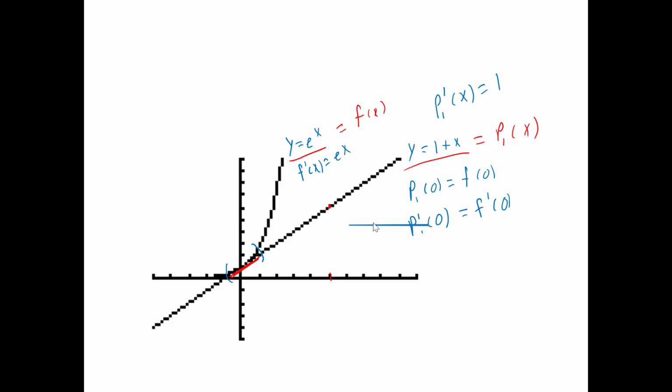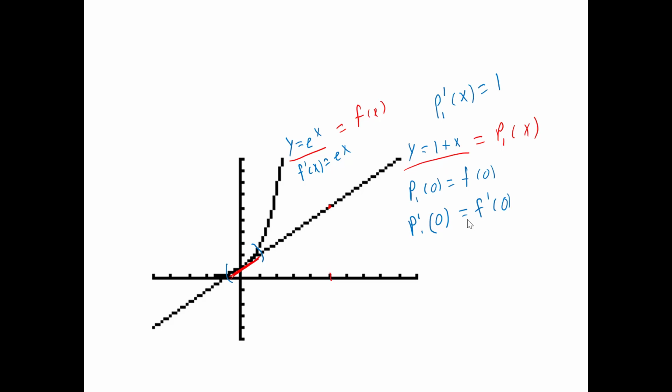So another way of saying that is that the derivatives at 0 match. With that in mind, if we want to get a higher degree polynomial, what we might be inclined to look for is a second degree polynomial whose second derivative matches the function e to the x.